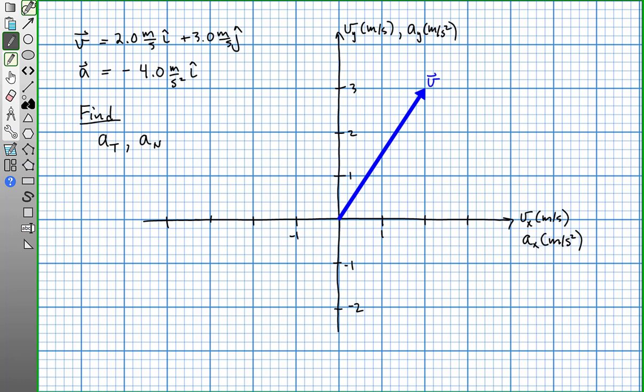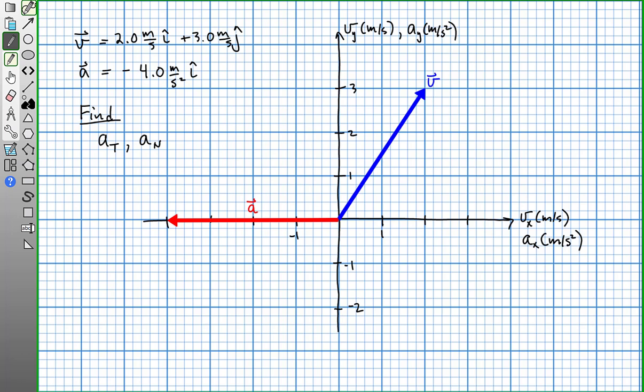The acceleration only has a negative x component, so we'll put the tail of the acceleration vector at the origin of our coordinate system, and we will go to the left 4 units. So that puts us right here on the x-axis, and I will label this vector a.